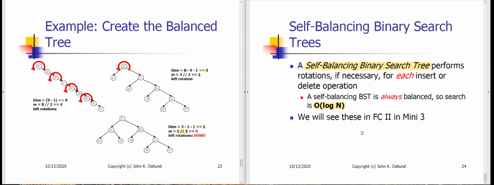For example, we've talked about red-black trees, and we've taken a look at the algorithm for balancing a red-black tree after we've done an insert. We haven't talked about deletes, which we would also have to deal with. We will have more to say about balanced binary search trees when we get into C++ in financial computing too.